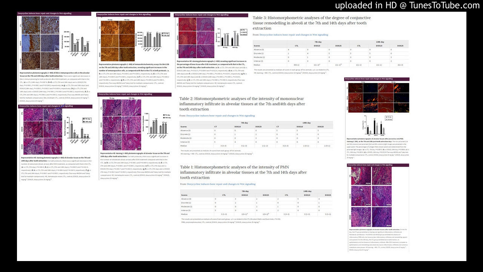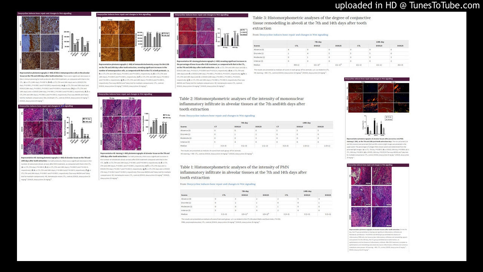The data quantification revealed 62% and 87% decreases in the number of osteoclasts in the groups treated with 10 and 25 mg/kg DOX, respectively, compared with the CTL group on the 7th day. A similar pattern was observed on the 14th day, with decreases of 78% and 80% in the DOX10 and DOX25 groups, respectively, compared with CTL.